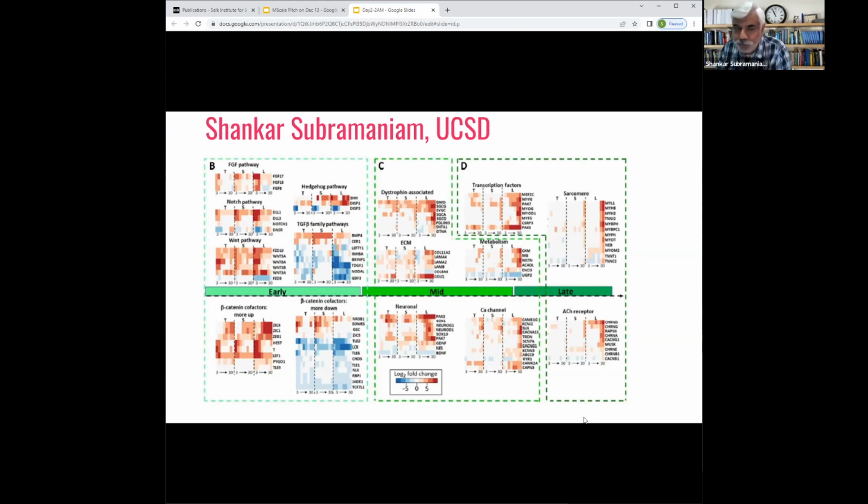So what I've shown you so far is that starting from distinct stem cell lineages, we'll be able to define a muscle. And we not only know how to define a muscle, we know what factors can be tuned to define a muscle.